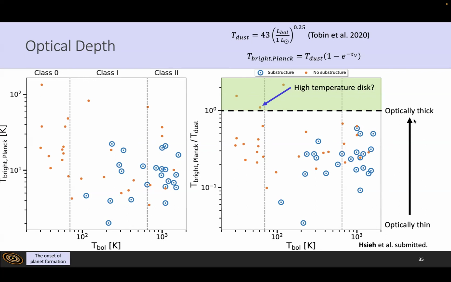To test this, we estimate the brightness temperature of the disk using the full Planck equation and compare to the dust equation. And we do not see a sharp transition of the ratio, which gives you the tau, the optical depth, at the boundary between substructure and no substructures. So this is suggesting that the onset of substructure that we're seeing is not completely due to optical depth.